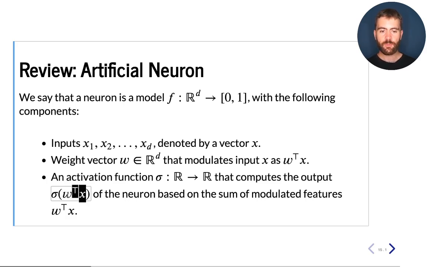Then we sum the modulated inputs, and this goes into an activation function which typically outputs a larger value when the input is large and a smaller value when it is small. In that sense, it models the behavior of a biological neuron. Two well-known examples of artificial neurons are the perceptron, and logistic regression, which can also be viewed as an idealized model of an artificial neuron.